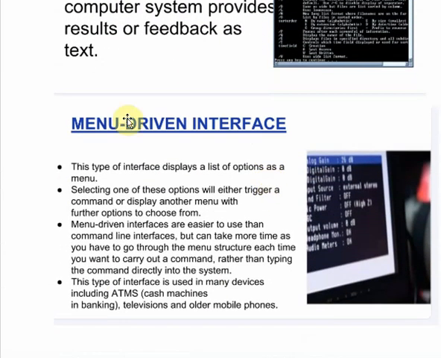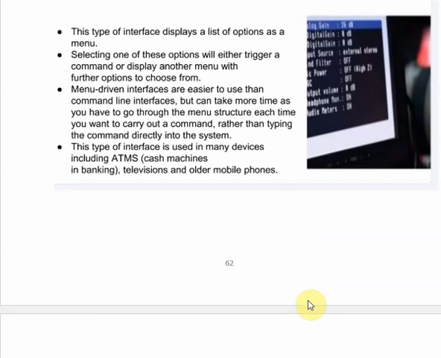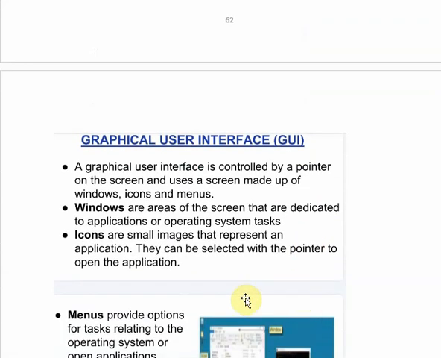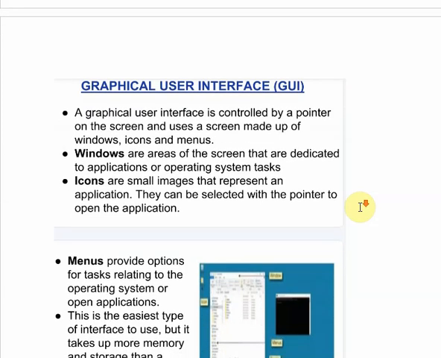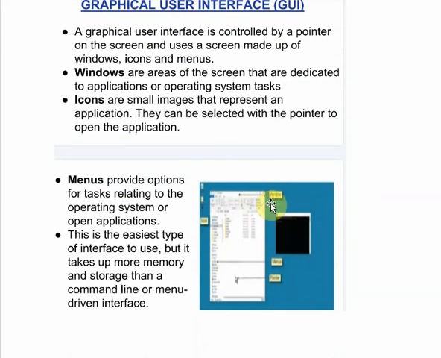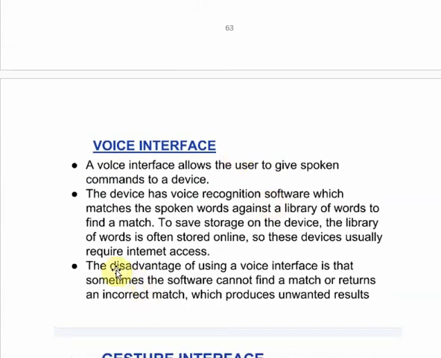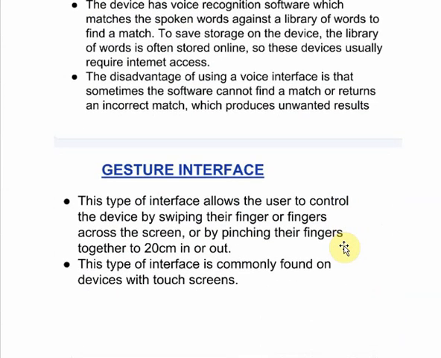This is menu driven, right? ATM machines use a menu driven interface. Then GUI, our operating system will be using GUI, icons, menus, everything will be there, very user friendly. Voice interface, disadvantages are there, right? If not properly recognized, it will provide wrong output. Then you can use gestures as well.